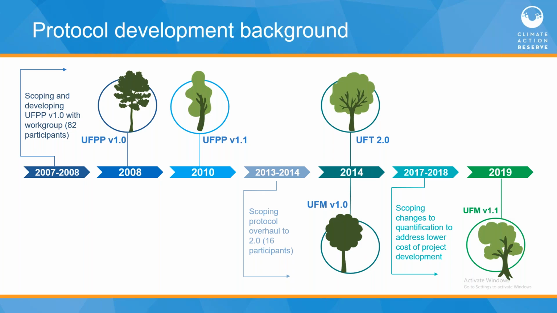So today we're talking about our urban forest management version 1.1 update. This update was primarily undertaken to introduce some cost-saving measures to the protocol. To date, we don't have any urban forest offset projects developed or listed with us. So it's our hope that these updates will help bring down the cost of participation so that we can see that statistic change.